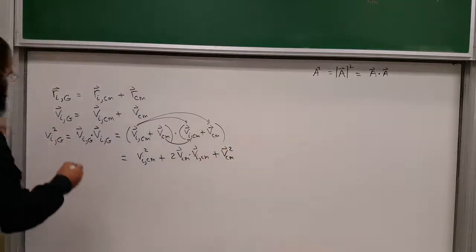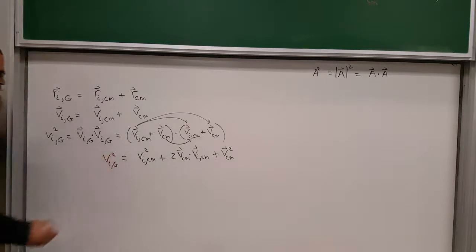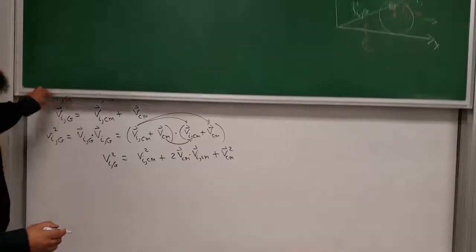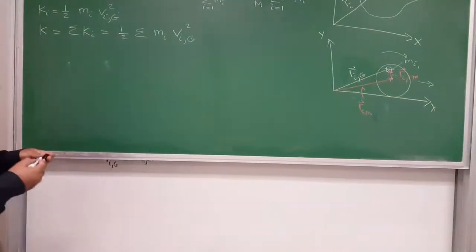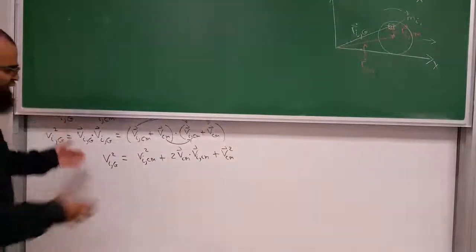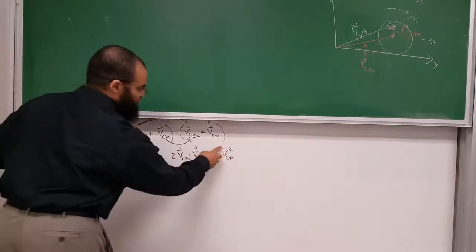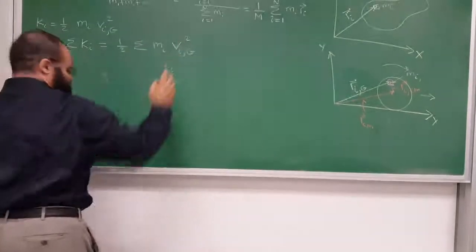So this is just Vi relative to the ground squared. I'm going to take this and replace it here, and let's see what happens. I will come back to the whiteboard again. I'm going to copy this and paste it right here.